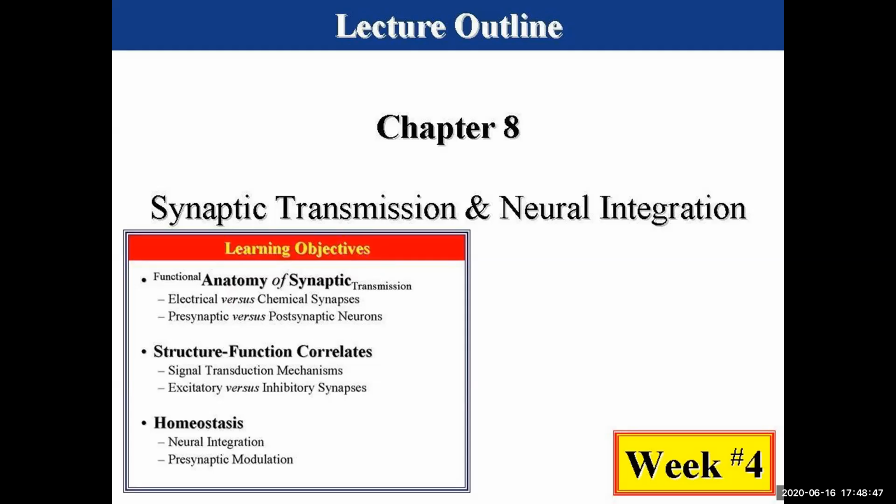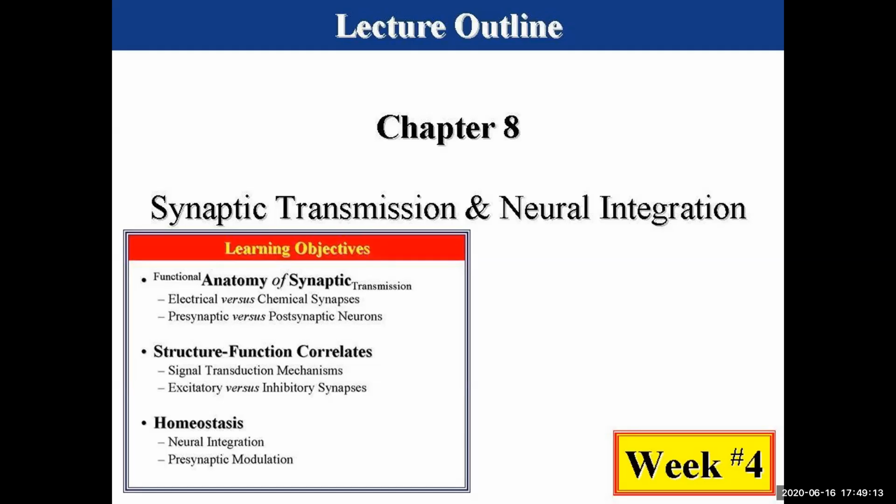In Chapter 7, we saw electrical signals being generated and being transmitted within neurons, within each neuron. So on the dendrite and the cell body, the neuron can generate graded potentials, for example, EPSPs and IPSPs.